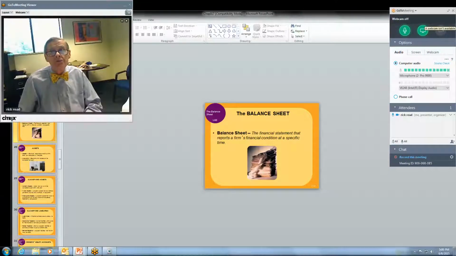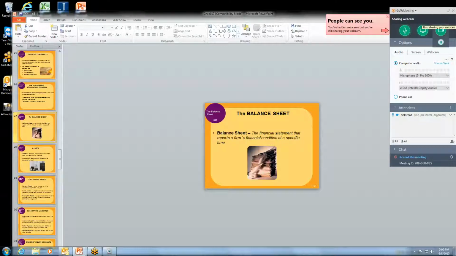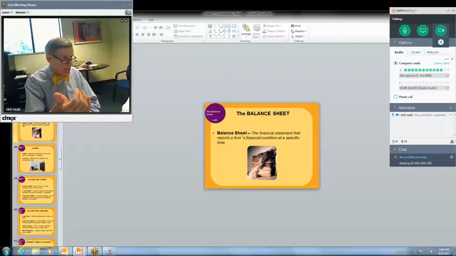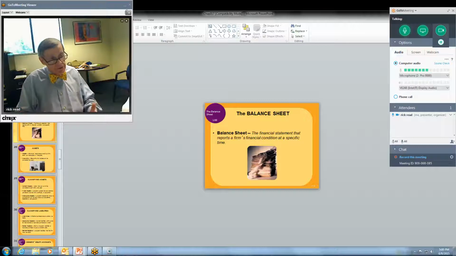The balance sheet simply tells us where we stand financially at a specific date. So it could be a weekly balance sheet, a monthly, quarterly, obviously annual, because that's something that you have to have. If you're a small business and you're a sole proprietor, you're going to report that with your income tax.